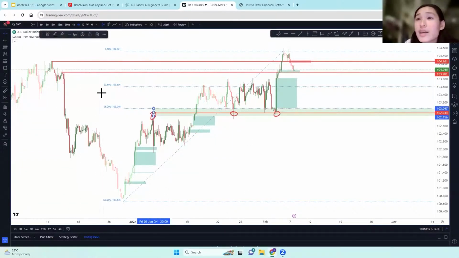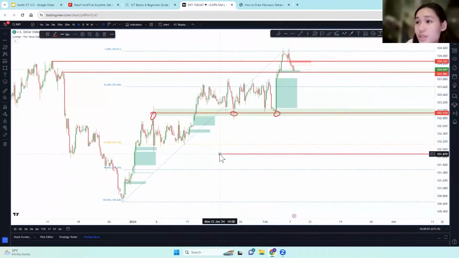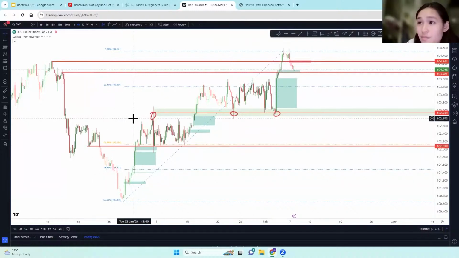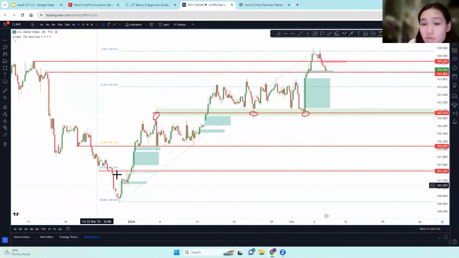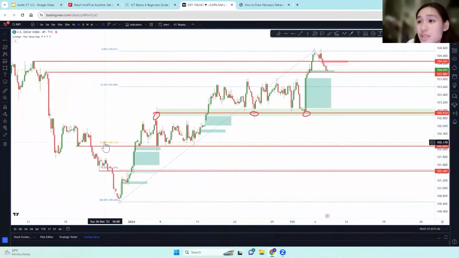If I look at our 61.8 as well as the 78.6, you can see that that also lines up with the highlighted fair value gaps over here. The 78.6 doesn't really match up, apart from this swing low, which is fine. It doesn't always have to match up. So you can see that this 61.8 is a pretty significant level here.